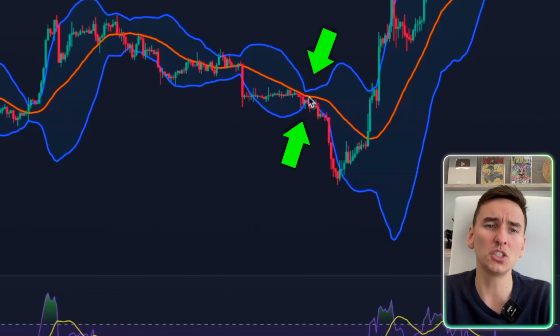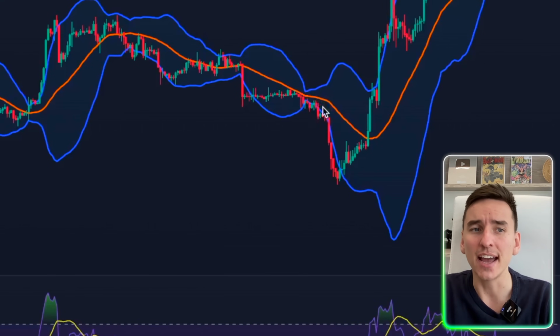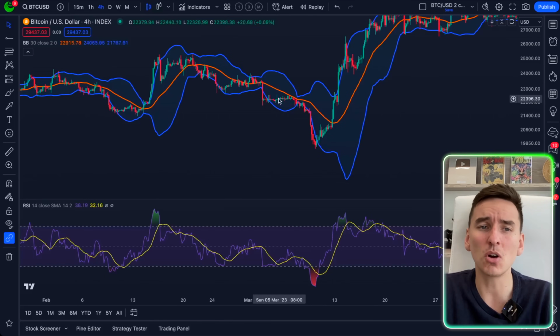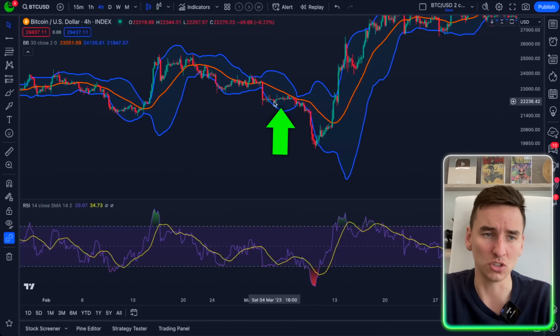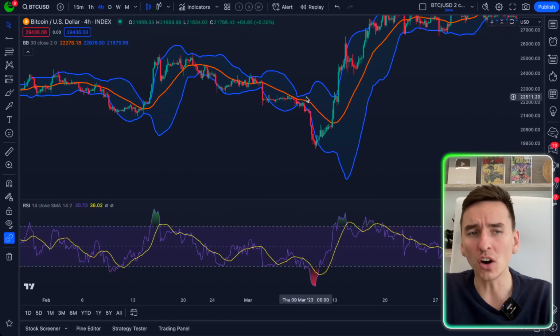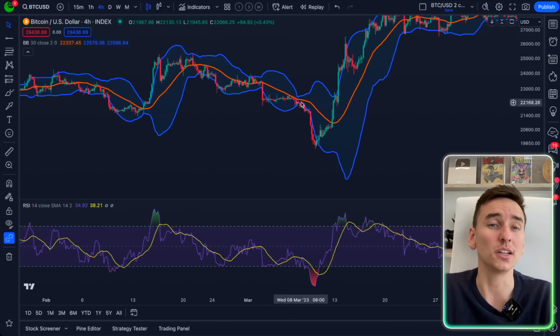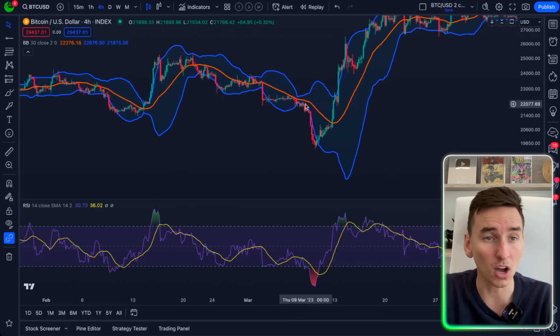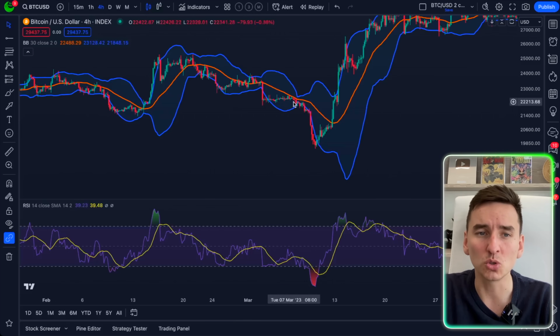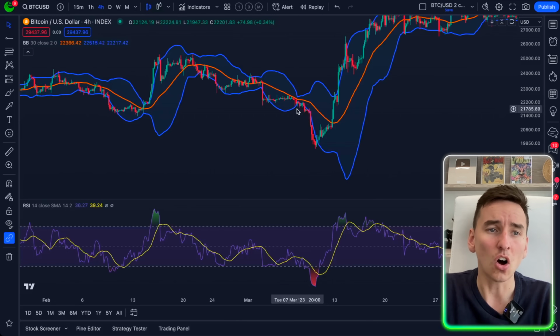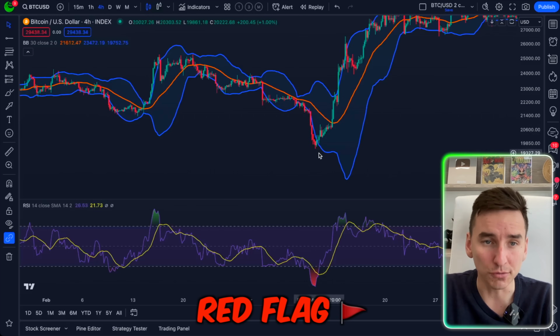Check out how the Bollinger Bands are skinny now and close together. You can see the market is moving sideways, which is not good. Plus, the RSI also moves in between the lower and upper lines and doesn't go above or below the major points of overbought and oversold. All of this is a very, very big red flag. We don't want to go in here. In these cases, just avoid the trade altogether.